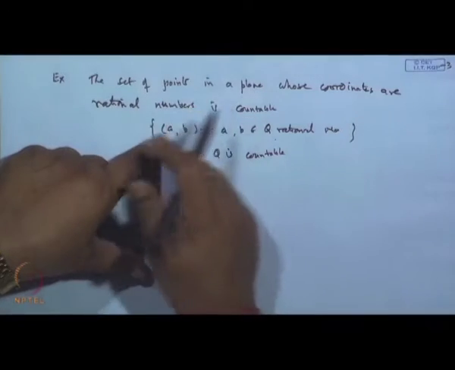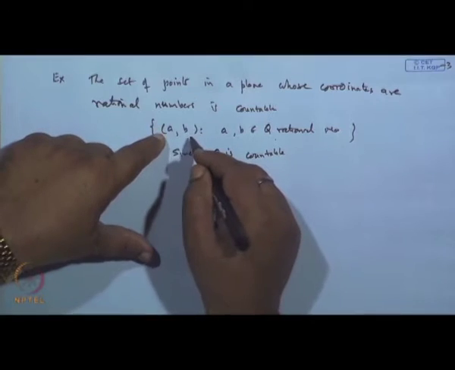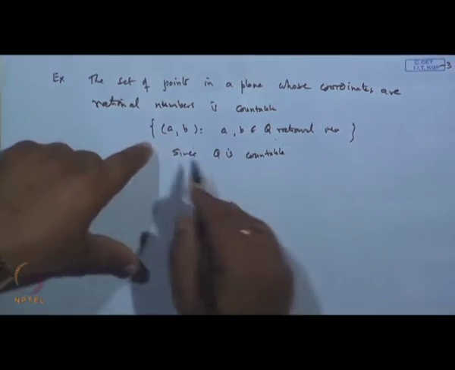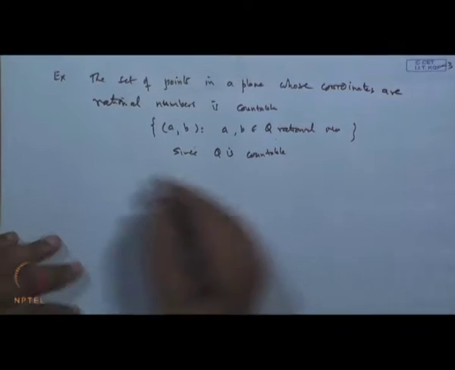So, basically it is a double, that is, coordinates, and these are rational. So, this will be a countable set, is it not? So, we can say it is countable.